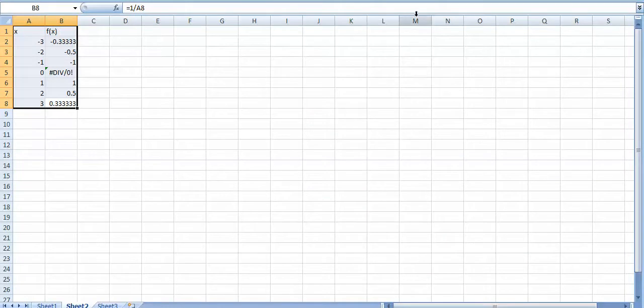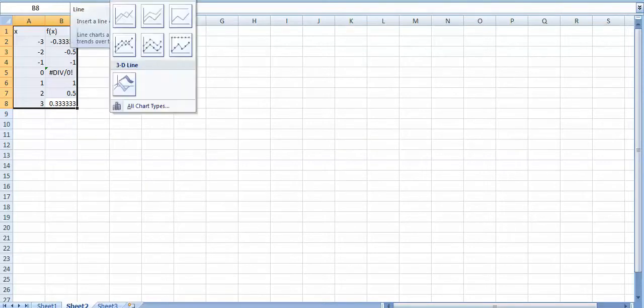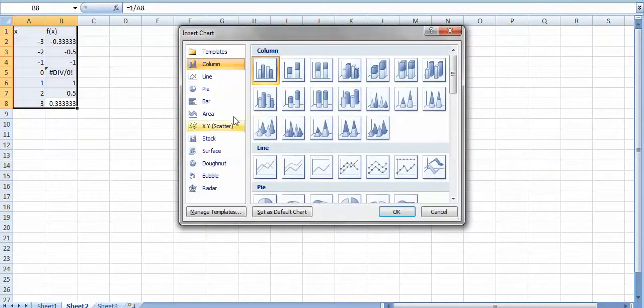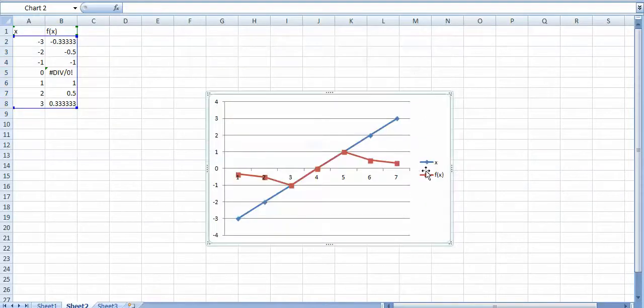Whenever they change the Excel to a different thing, I don't know how to work their magic. Okay, let's see. All chart types. Let's make a line graph.